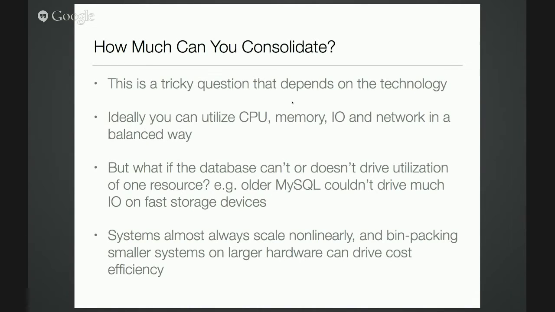The scalability concerns, particularly internal scalability around things like mutexes and other shared contention points. And you have to know the technology itself pretty well. So this is an area where if you're not competent to do this by yourself, it can really help to bring in a company like Percona, where they can help you with capacity planning and understanding exactly the meaning of all of these different metrics and how they can balance across each other.